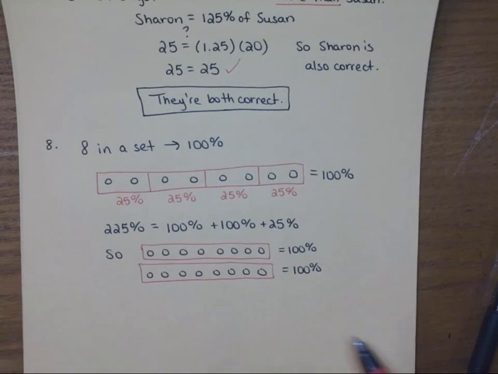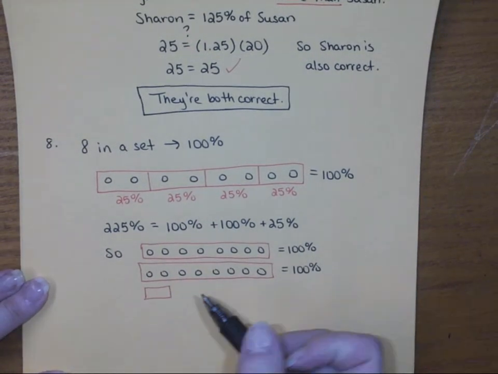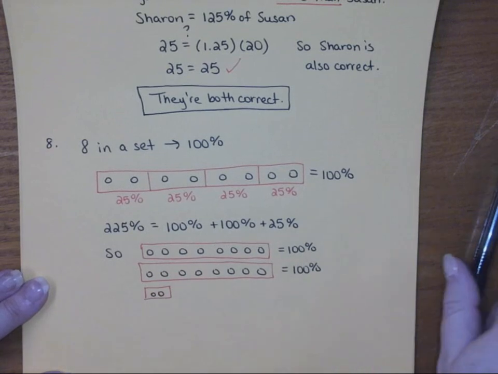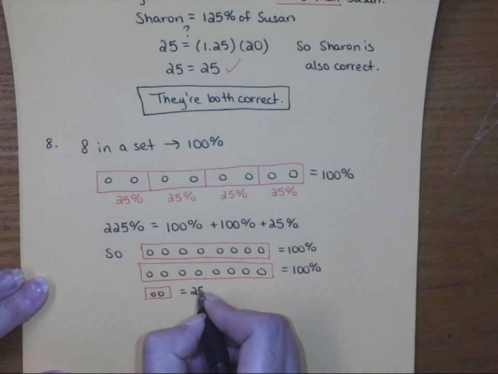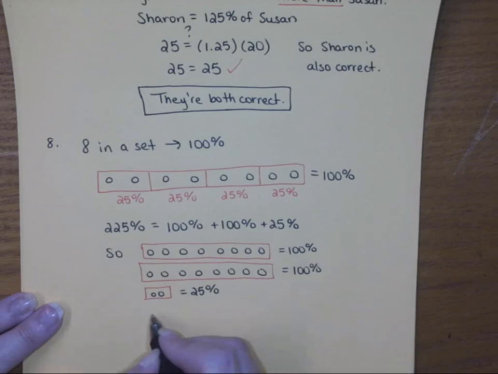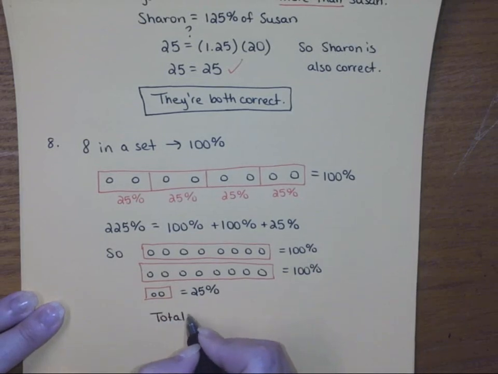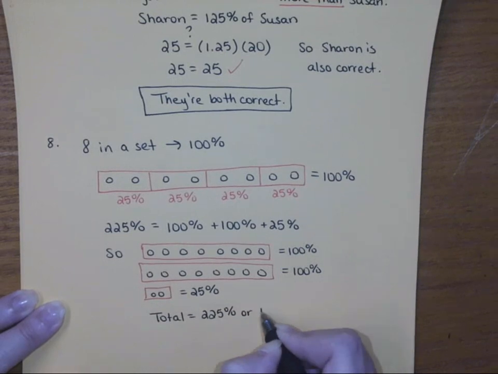And then I also need another little tiny subset of 25%. It's okay that I don't really label this here, because I already did up top, but I would want to label it somewhere. Okay, so notice that the grand total is 225%, or 18 chips.